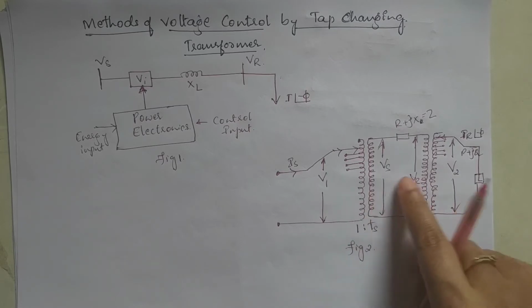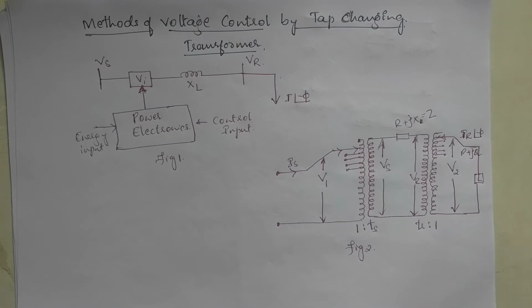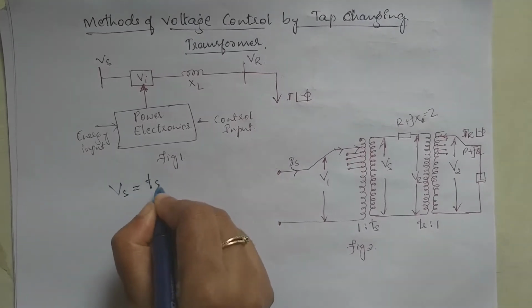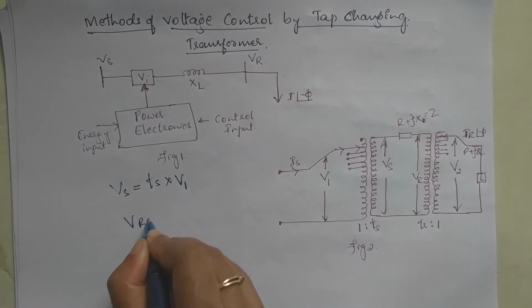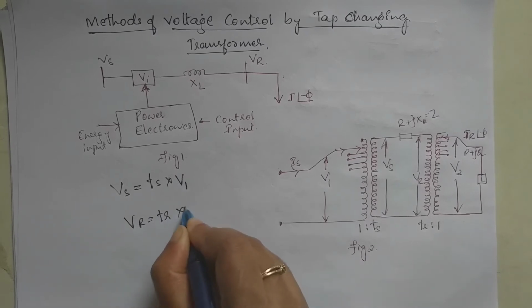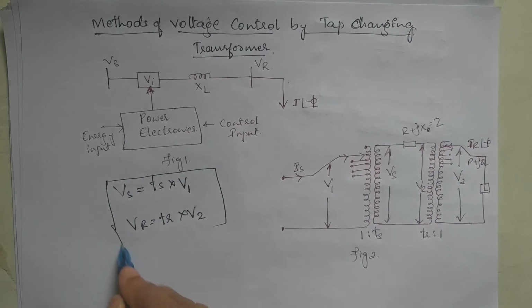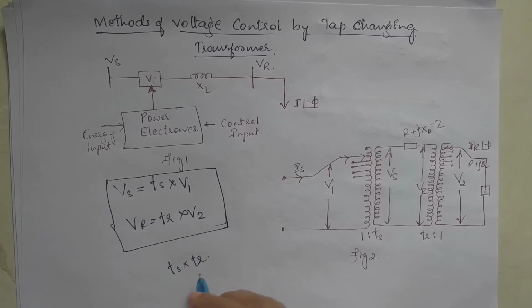Actual voltages are Vs and Vr, calculated like this: Vs is equal to Ts into V1 and Vr is equal to Tr into V2, where Ts into Tr, the fraction of nominal transformation ratio, is equal to 1.